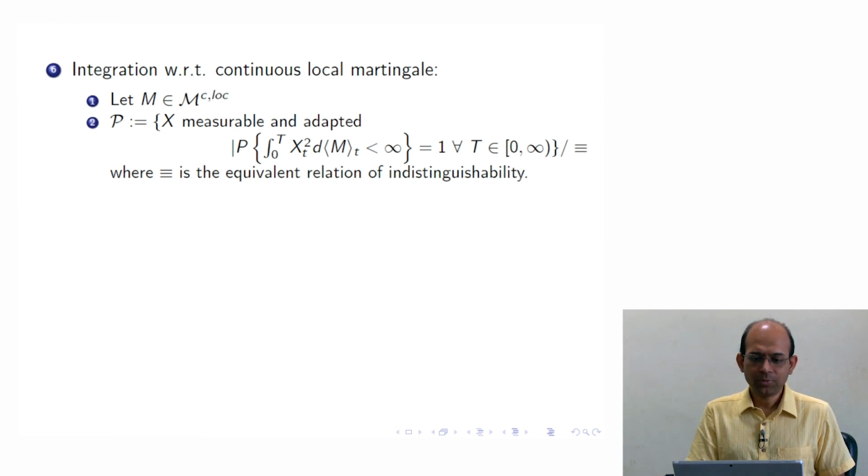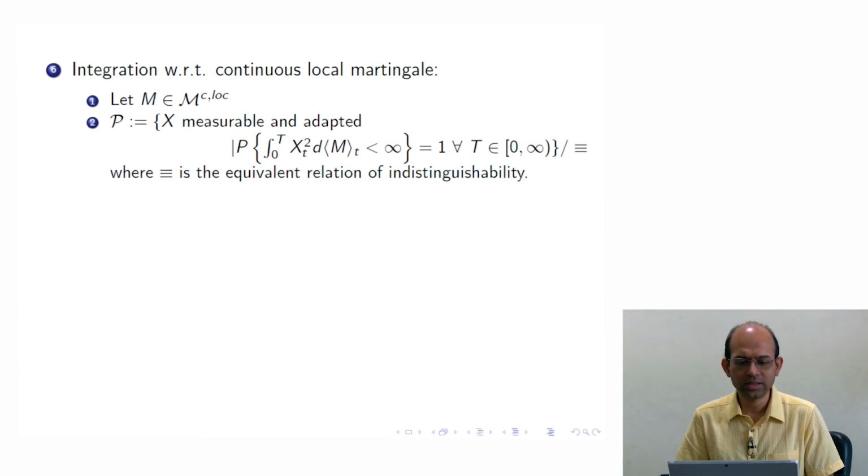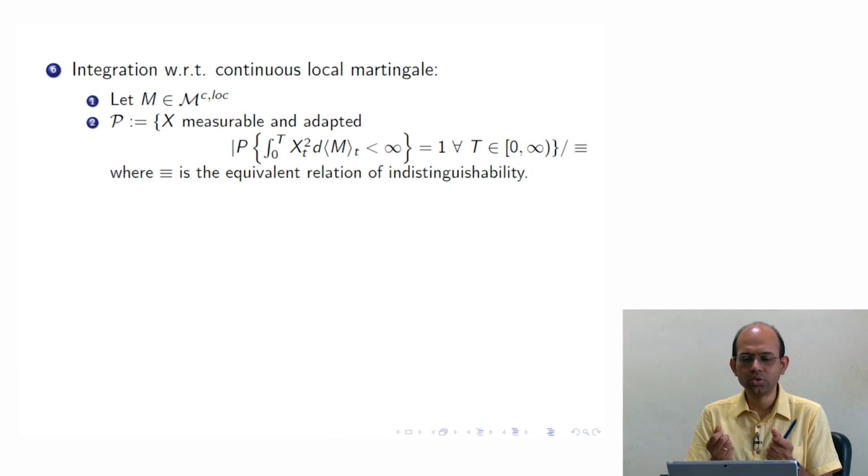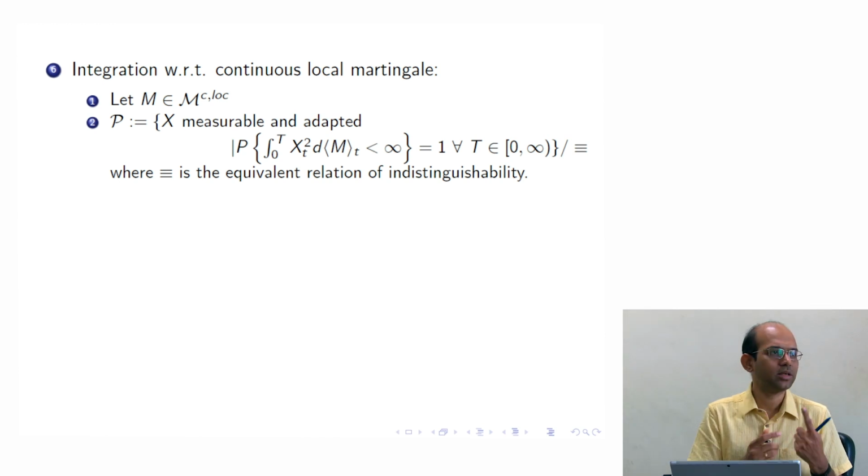So that type of processes we gather and make this class script P. And in that class we would of course take the quotient with respect to the equivalence relation of indistinguishability, so that two different processes which are indistinguishable are identified as one single object.